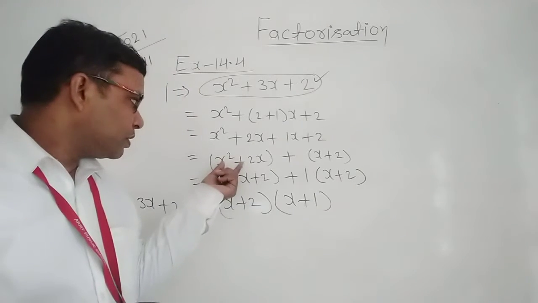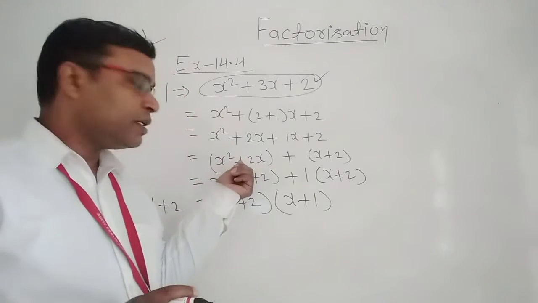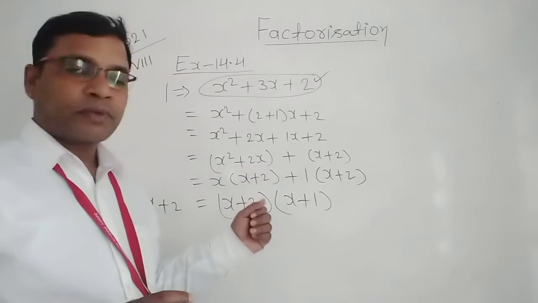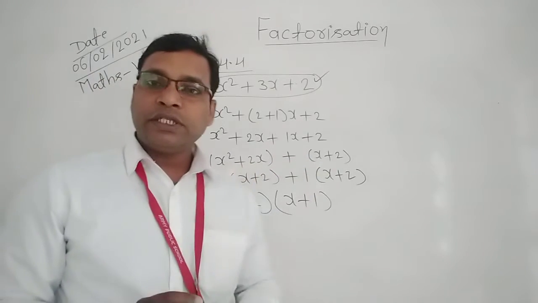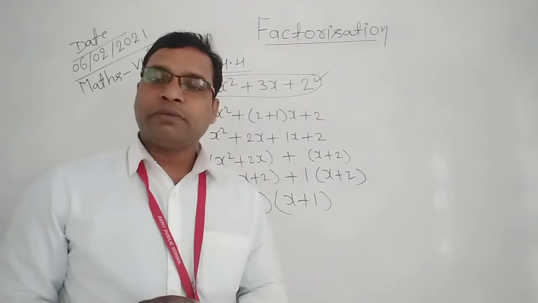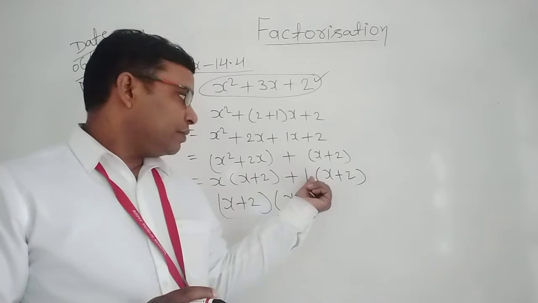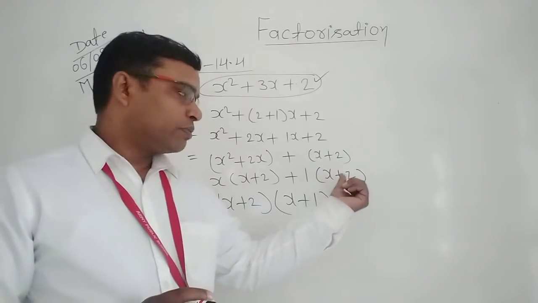So in the first group, x square plus 2x, we find the common factor is x. So we get here x plus 2. But in the second group, x plus 2, we have nothing common between them except 1. Okay. So here we write 1 into x plus 2.